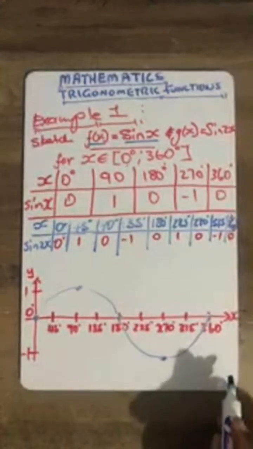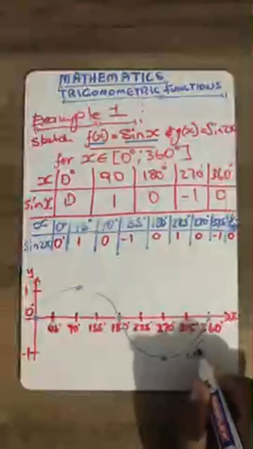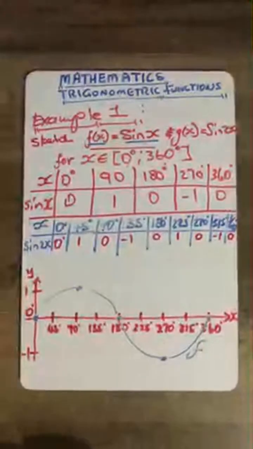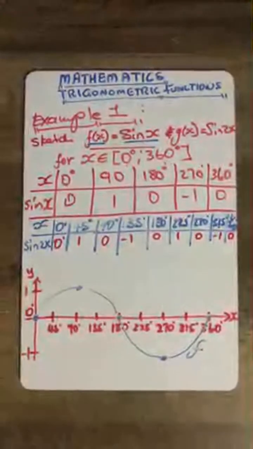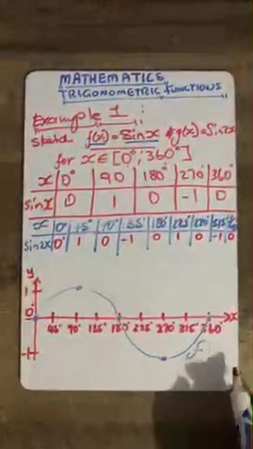Something that you mustn't forget, as soon as you are done, write f there, so that we are aware that this function is for f. And then now we just plot that second one.